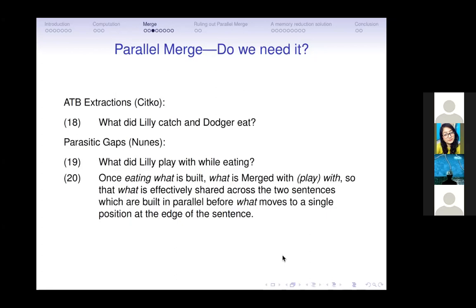So you get play with what while eating what, so that what is effectively shared across those two sentences. Then you put the whole thing together, take that single element what and create the structure in 19. So Jairo Nunes argued that that was the right story, and Barbara Citko also argued it, and lots of other people. Okay, so maybe we just want these extra kinds of derivational structure.